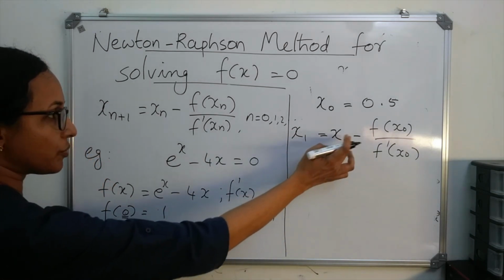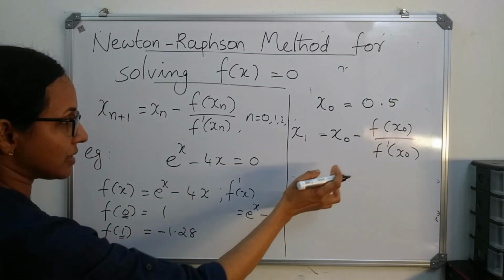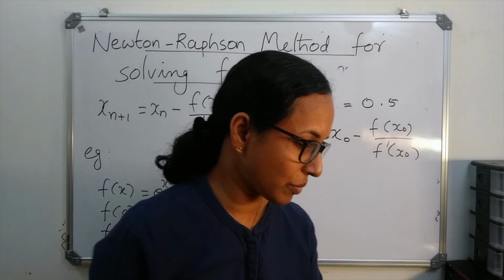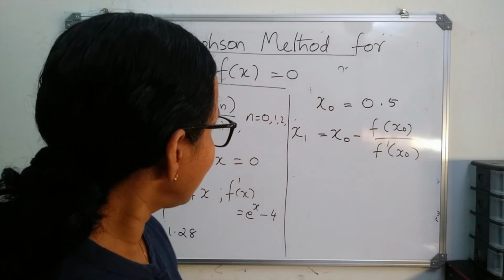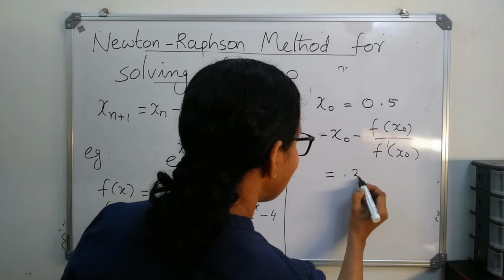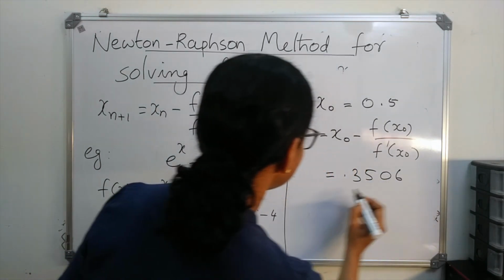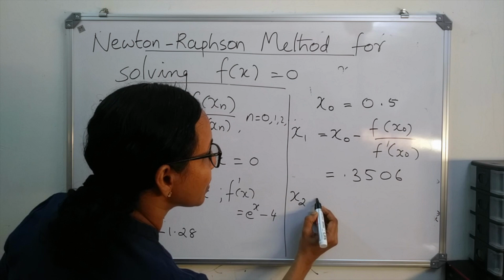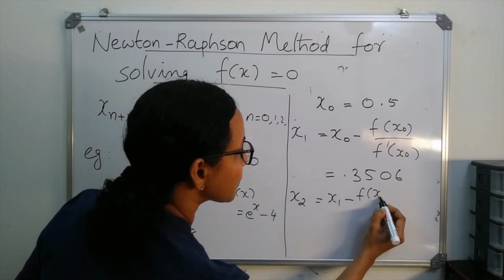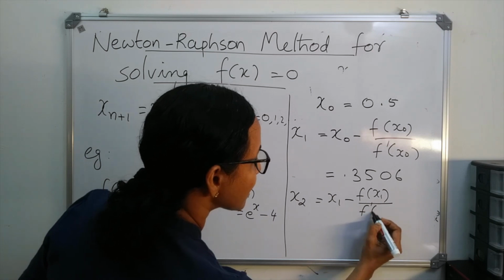So x1 is 0.5 minus f of 0.5 by f dash 0.5, and we can see that this is equal to 0.3506.